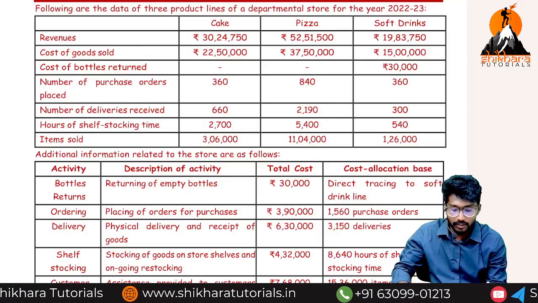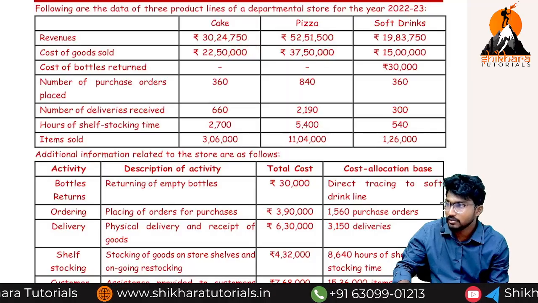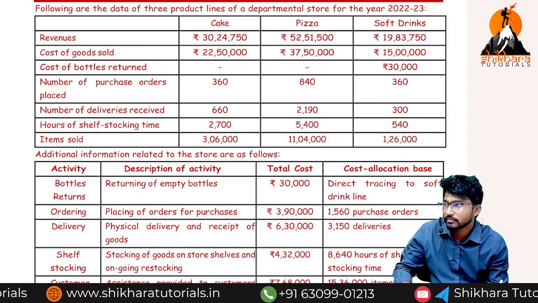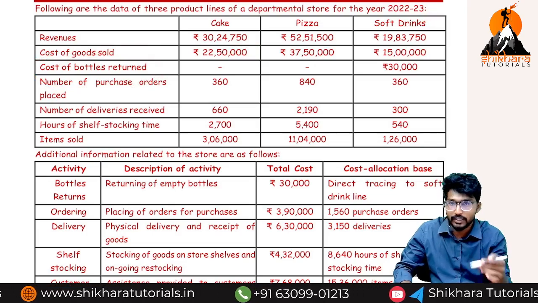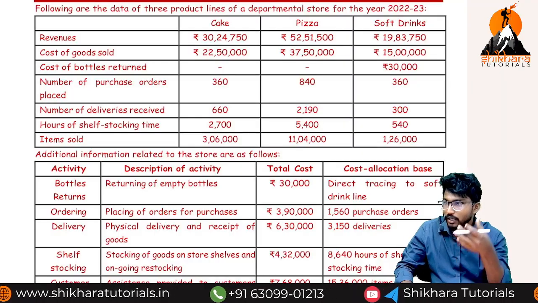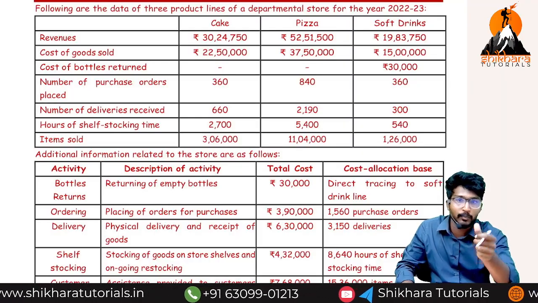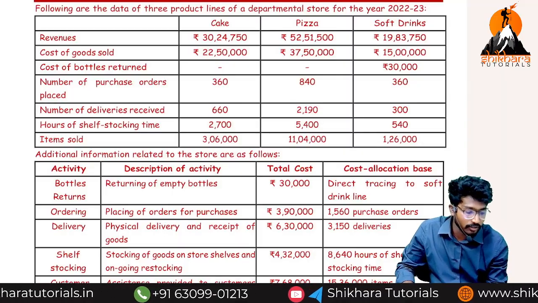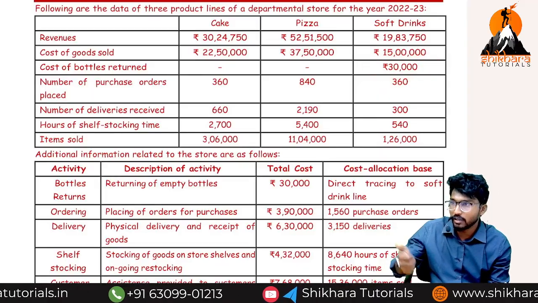Next, for cake, pizza and soft drinks. Next, cost of bottles returned. For soft drinks, I sold the soft drink along with the glass bottle. If you return that glass bottle, I will pay in return a refund of 30,000.